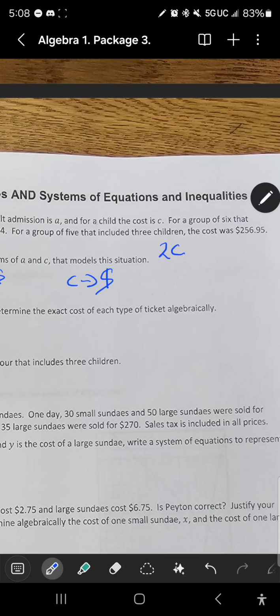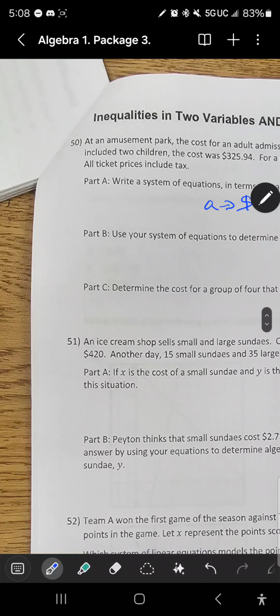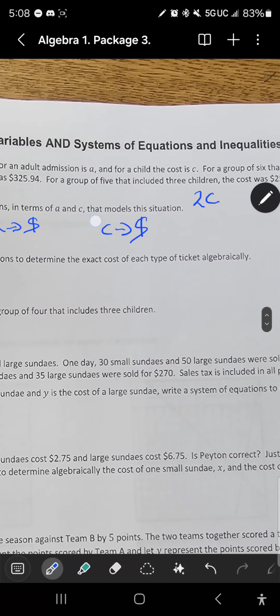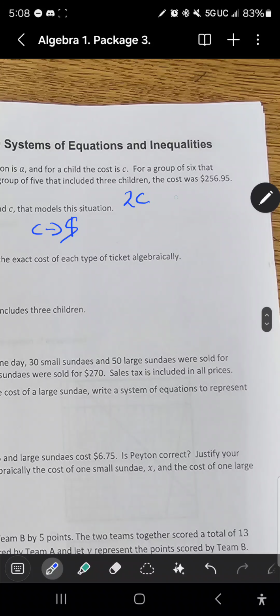So let's continue. We have 2C for a group of 6 people that include 2 children. If there are only 2 children and the total is 6 people, we know that the rest, 6 minus 2, is 4. There are going to be 4 adults.